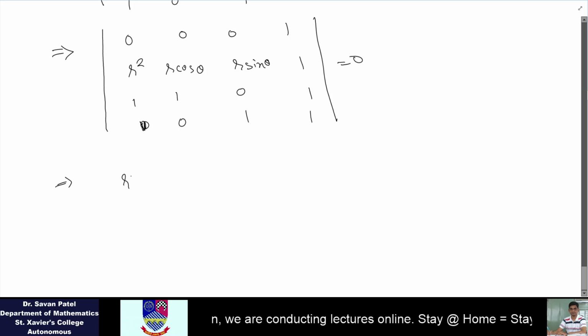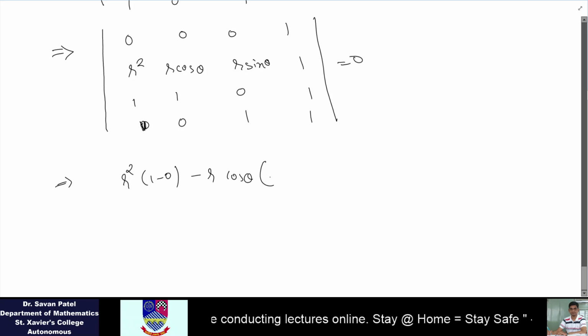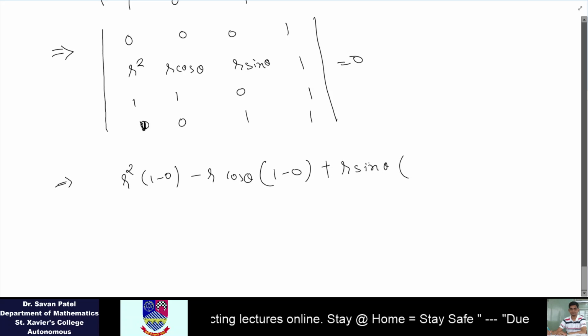So that is r² times (1 times 1 minus 0 times 0), so it is 1, minus r cos θ times (1 times 1 minus 0 times 1), so it is 1, plus r sin θ times (1 times 0 minus 1 times 1), so 0 minus 1, equals 0.